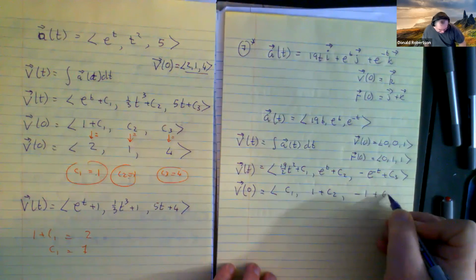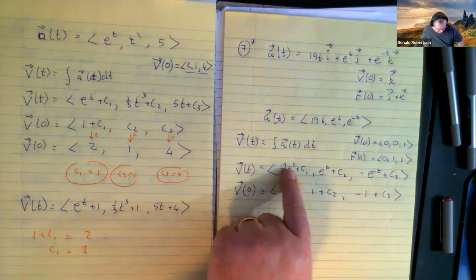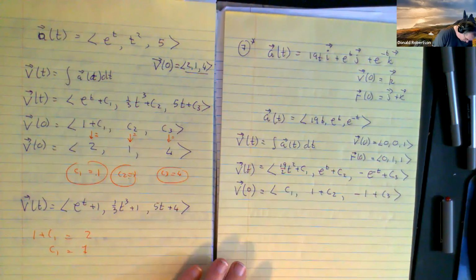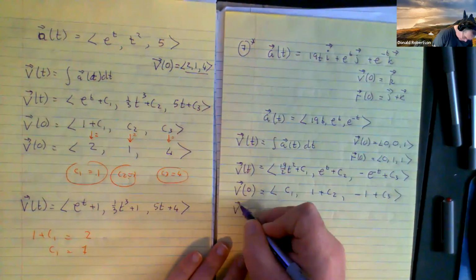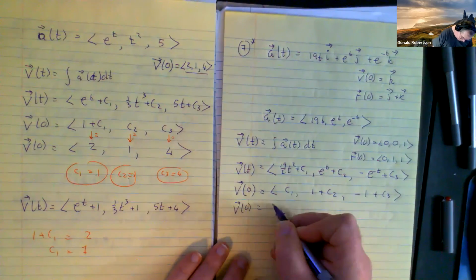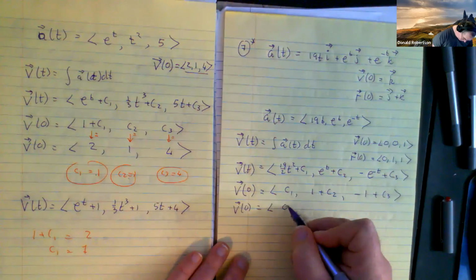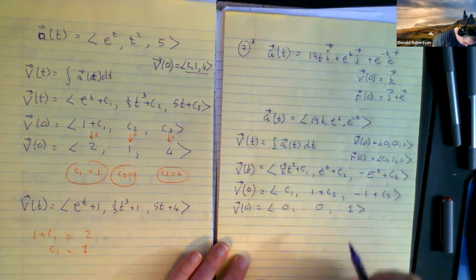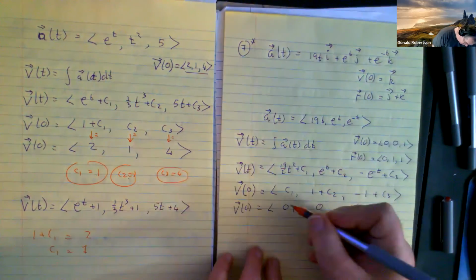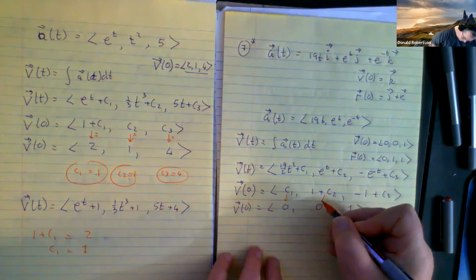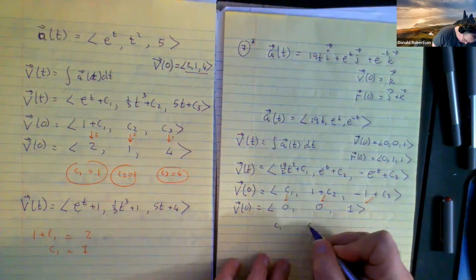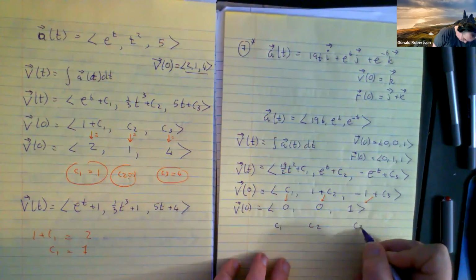So I've just replaced the t with 0. If I write down right underneath it what the boundary value is, the boundary value is 0, 0, 1. And then you match them by making them equal to each other and seeing what the values for C1, C2, and C3 would be in each circumstance.